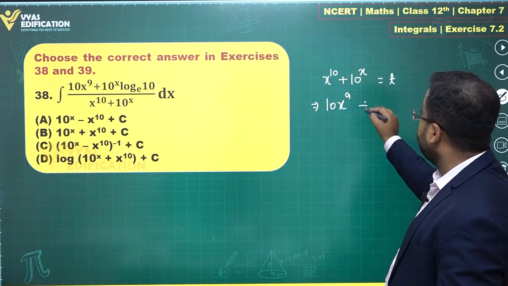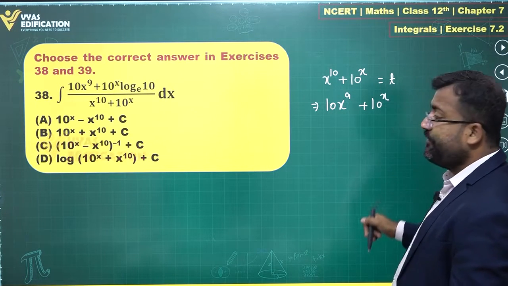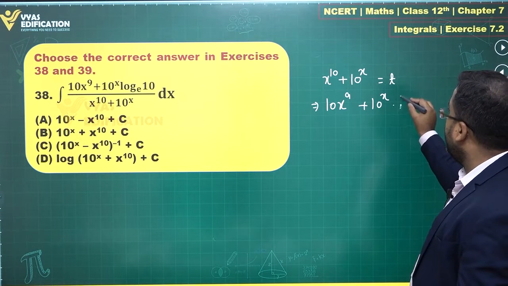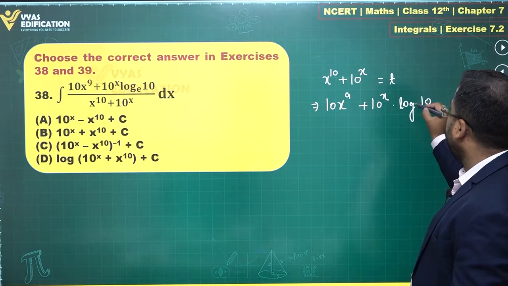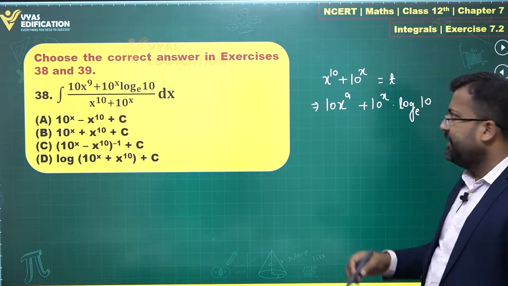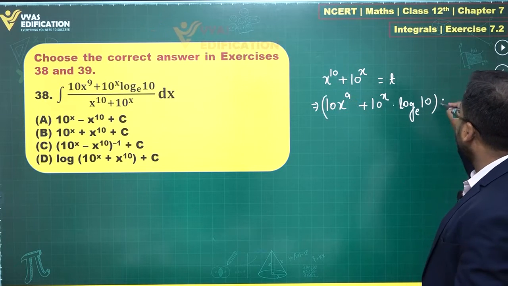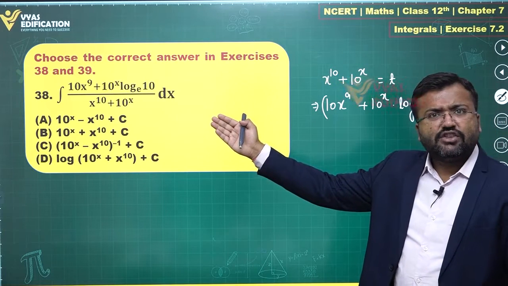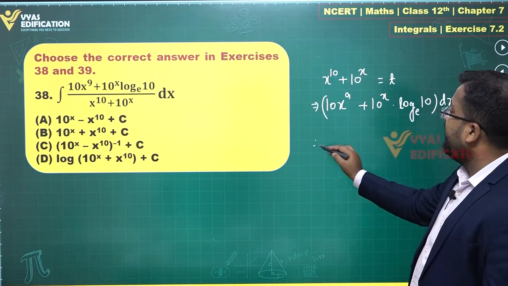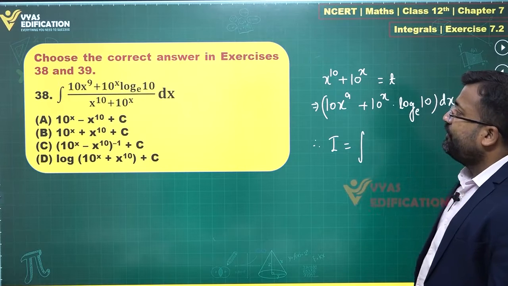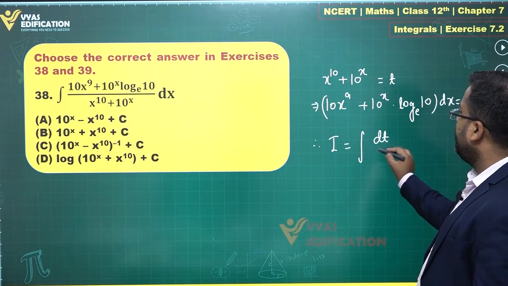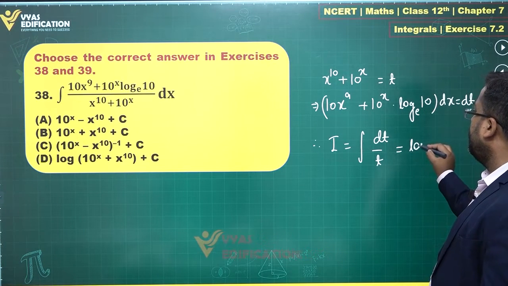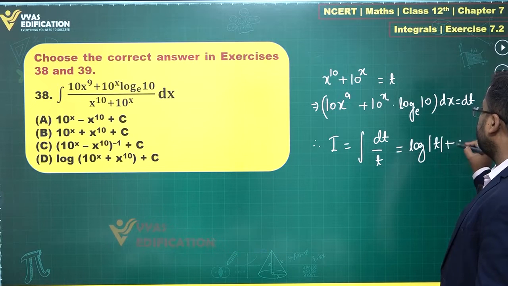And what's the derivative of 10 power x? The derivative is 10 power x log 10, obviously the base being the natural base e. This dx is equal to dt. And this is there in the numerator, yes or no? Yes. So therefore, I becomes equal to integral of dt upon t, which is equal to log modulus of t plus constant.